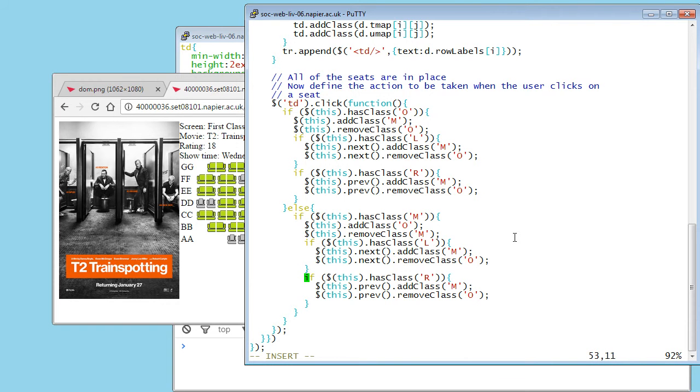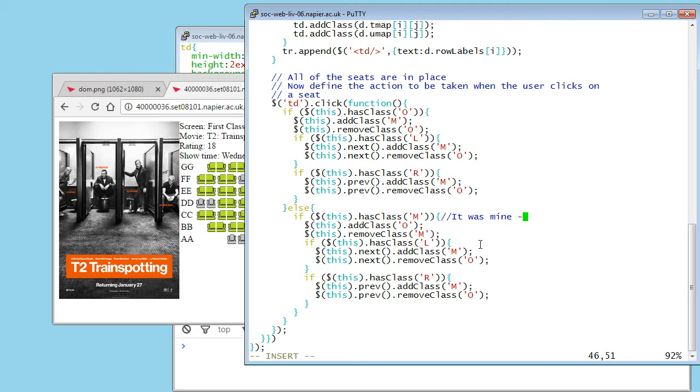Okay, the other thing is I've got to think this through as well. So if it has class L, this is the unbooking now. Let's put in some comments. This is here. It was mine, unbook. Okay, this one here is it was free.